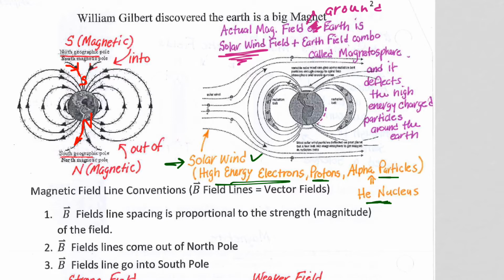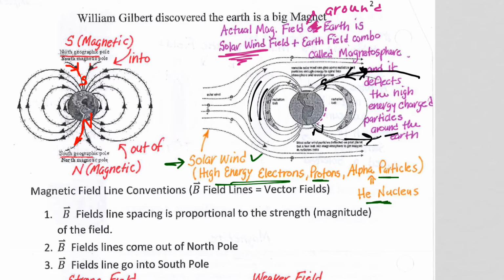The magnetic field lines get pulled out. Actually, they come into south, if we're keeping our orientation. Get pulled out and stretched out on the far side from the sun and compressed on the near side of the sun.